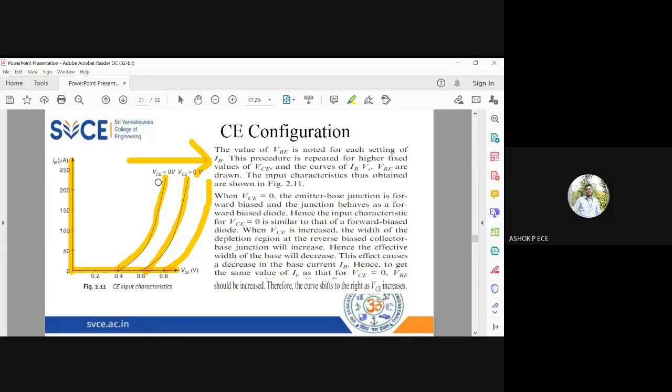So the carriers will take their input voltage and cross the junction. But it will be obtained at different voltages, because some energy is required by the charge carriers to cross the depletion region, so it will not happen instantly. The current will happen only after a particular value of VBE.